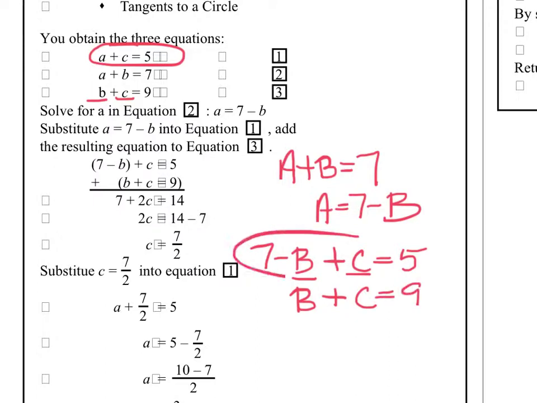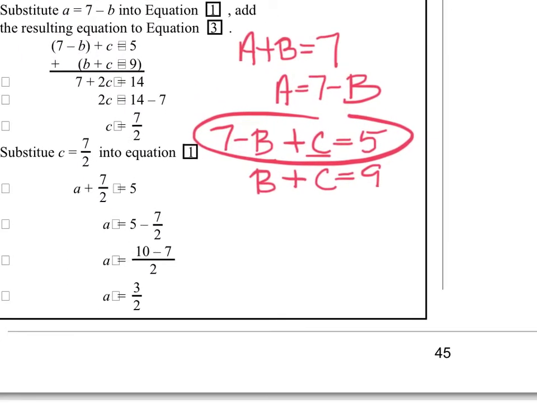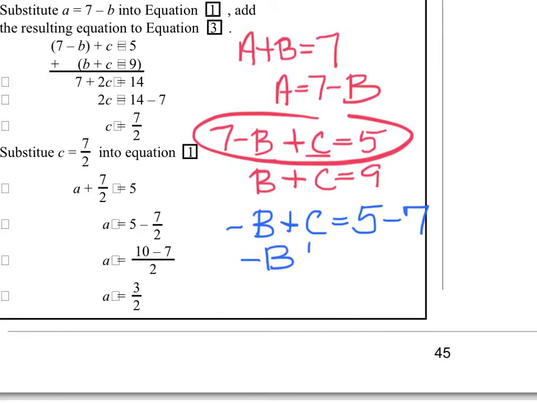But you have to simplify this one, so if you just skip down here a little bit, you would have negative B plus C equals 5 minus 7. So it'd be negative B plus C equals negative 2. B plus C equals 9.